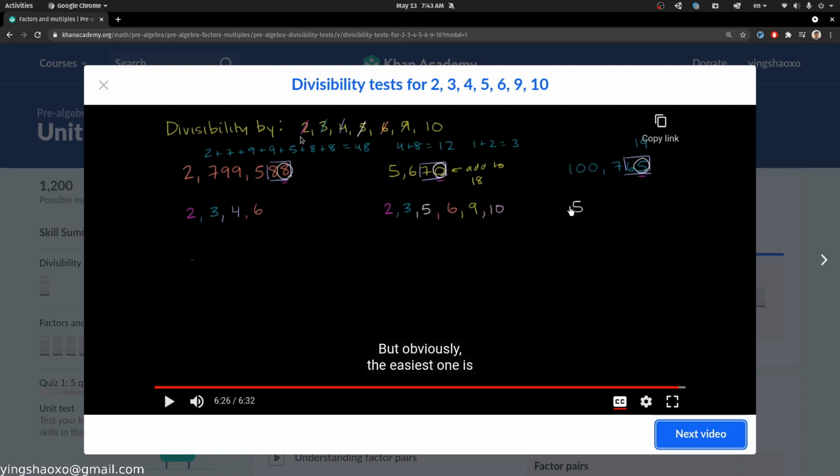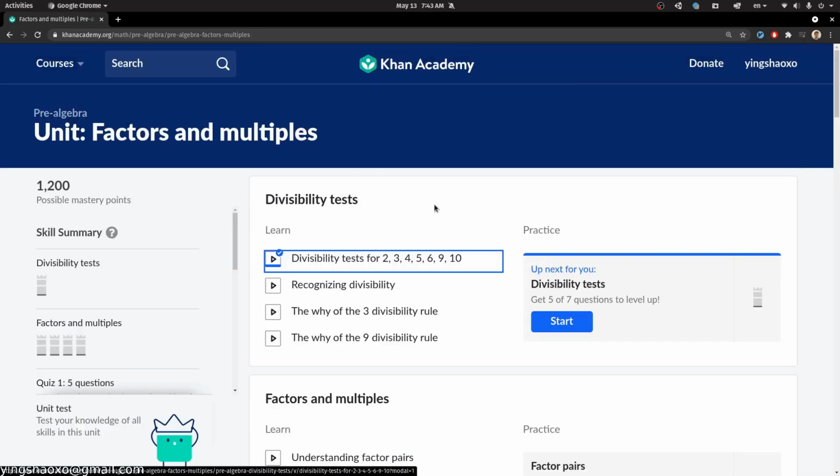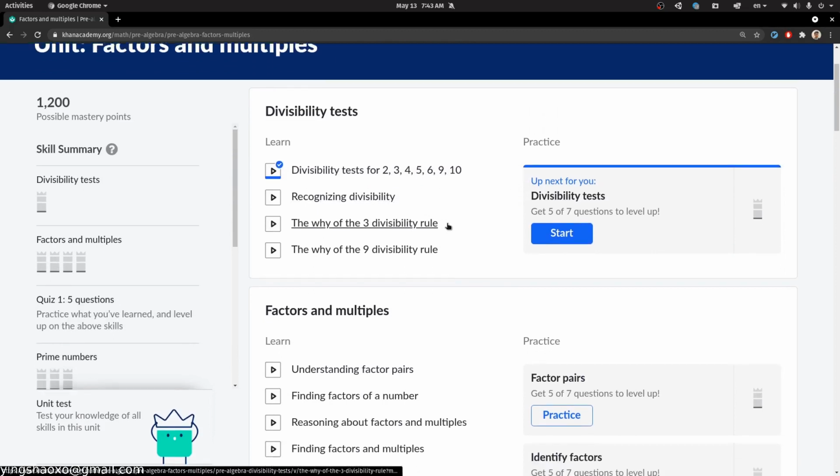So for now we at least know it's something like if it's divisible by, let's say, 2 or 3, then it's definitely divisible by 2 times 3. Something like that. See, the easiest one is to just see if you have a 0 in the ones place. What we're going to do in this video are some... Okay, let's leave it there. This is probably not that useful at all.